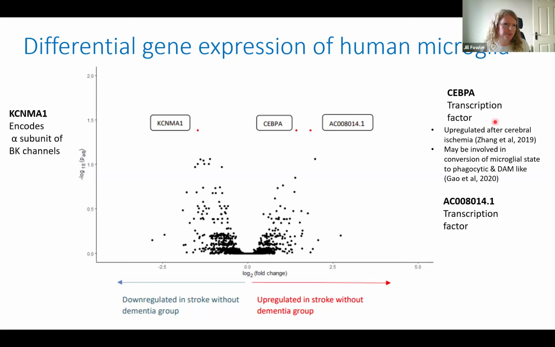Other papers have described this as being upregulated after cerebral ischemia. And an in vitro study in glia from a few years ago also suggested that this may be a transcription factor involved in the conversion into a DAM-like state and may be involved with phagocytosis. So this may be involved in conferring resilience to developing cognitive decline post-stroke.